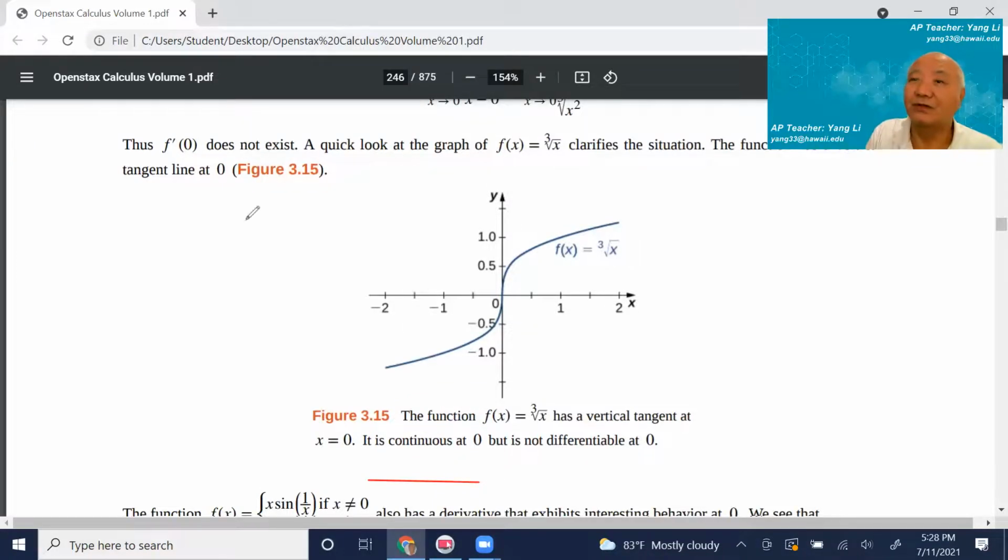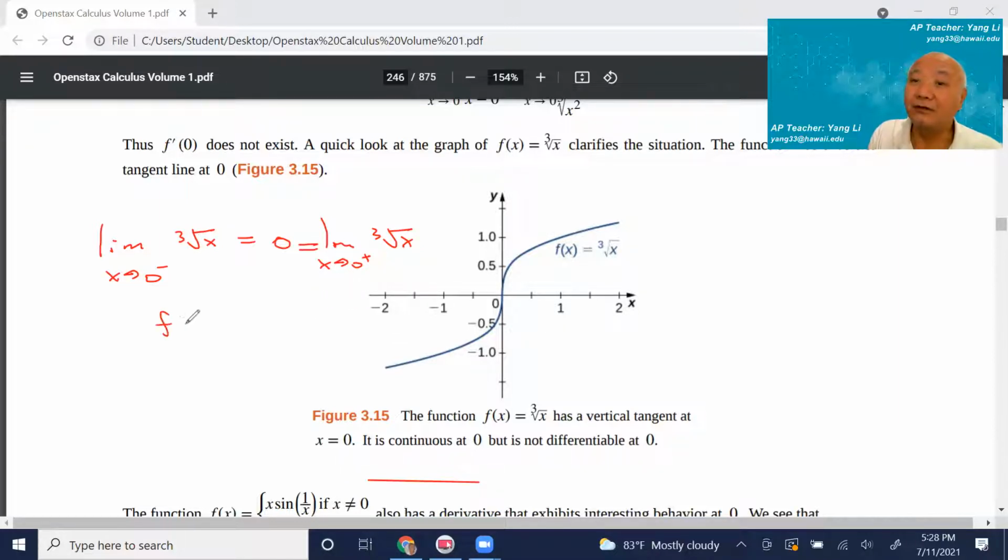You can use the definition of limits: x approaches 0 from the left side, the cube root of x still equals 0. And the same as the limit as x approaches 0 from the right side, the cube root of x still equals 0, right?